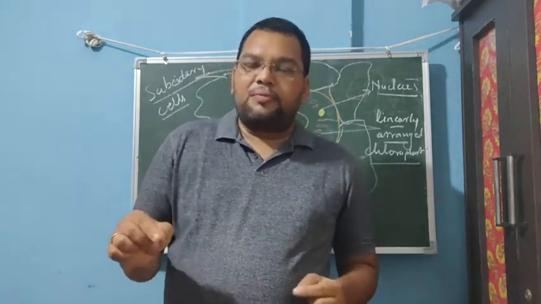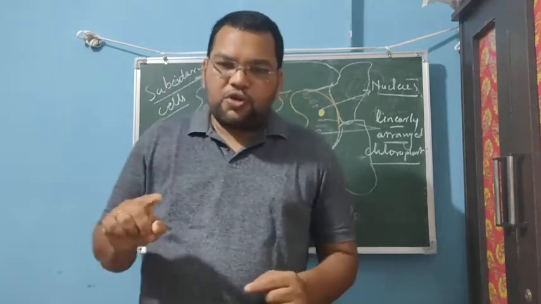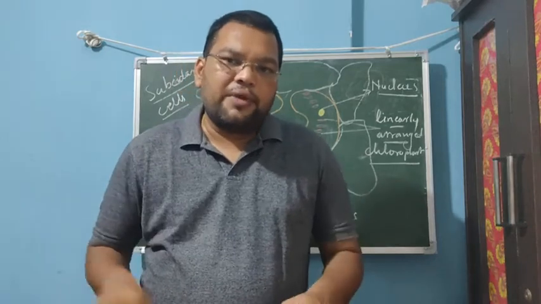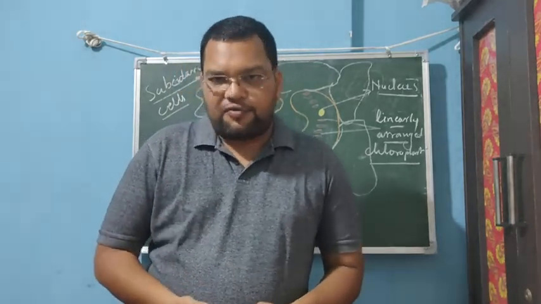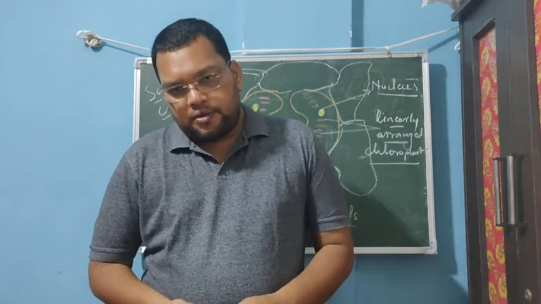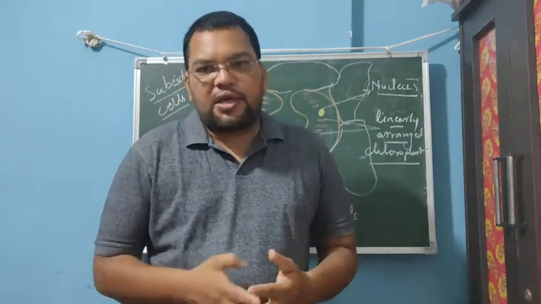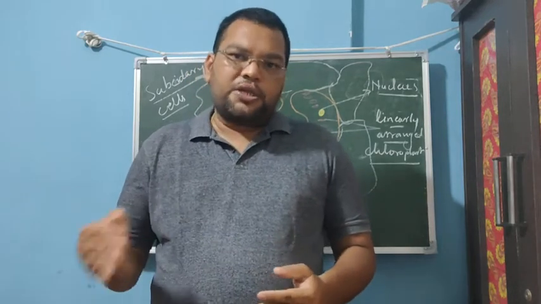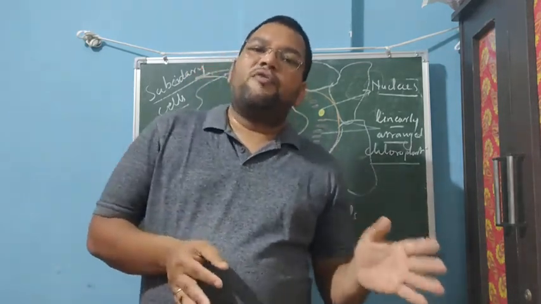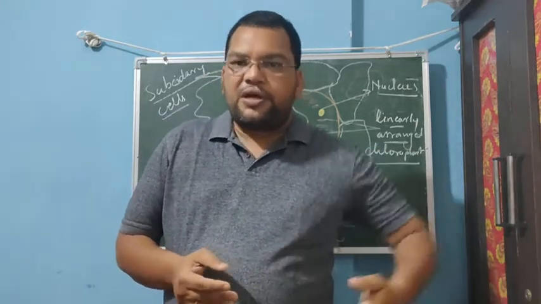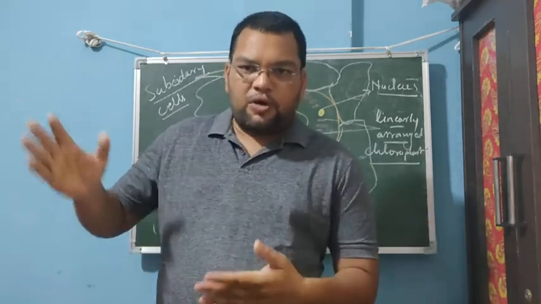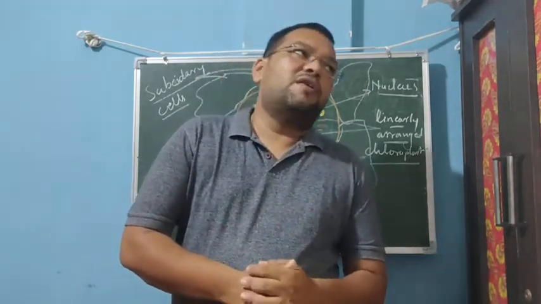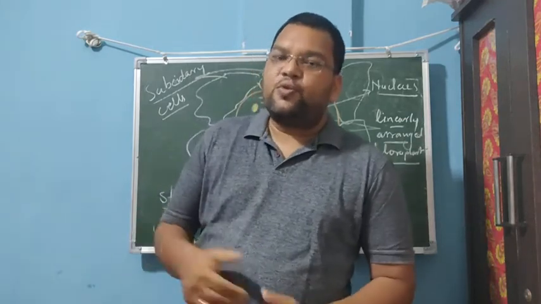Because epidermal cells form the root hair, and those root hairs make a greater surface area for the absorption of water. The absorption area is directly related to the number of root hairs. If the number of root hairs is more, the surface area is more and the absorption is more. So this is the work of the epidermal cells in the roots.